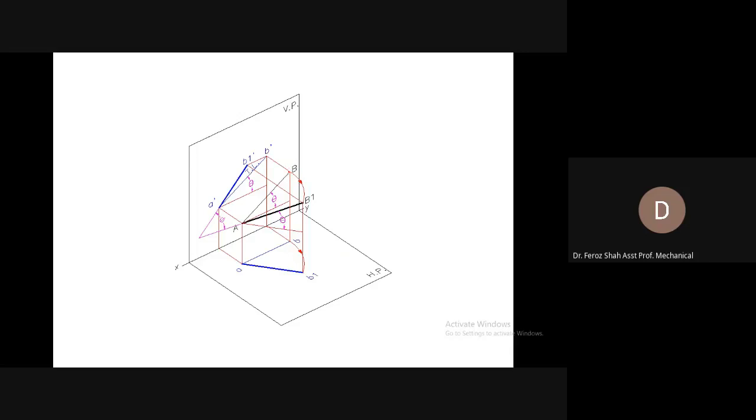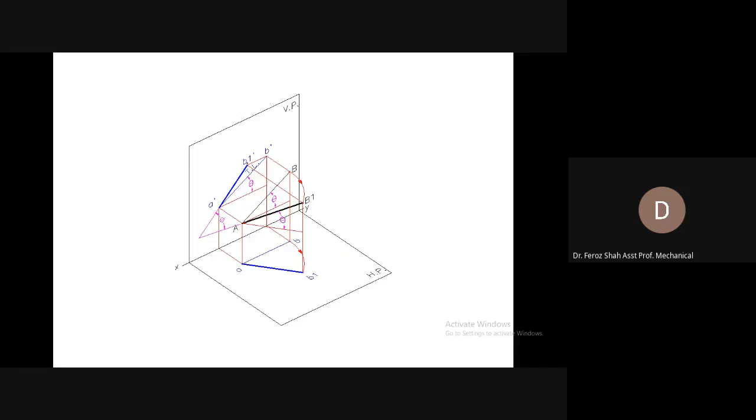As you have moved B to this position, to B1 position, now you can see the end distances from the vertical plane. A has a similar distance in front of the vertical plane, but B is now at some larger distance as compared to the end A from the vertical plane.